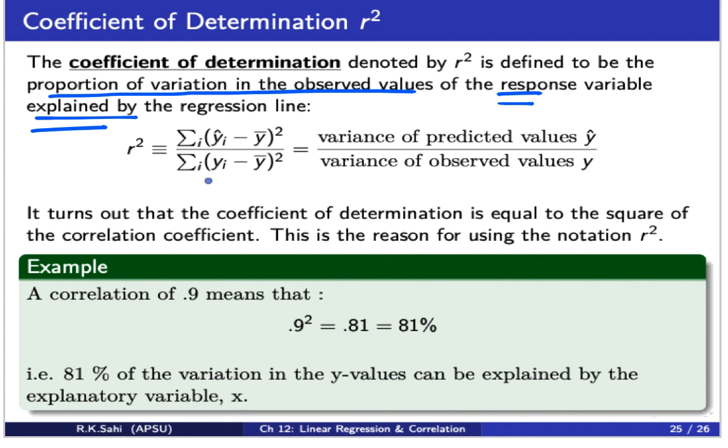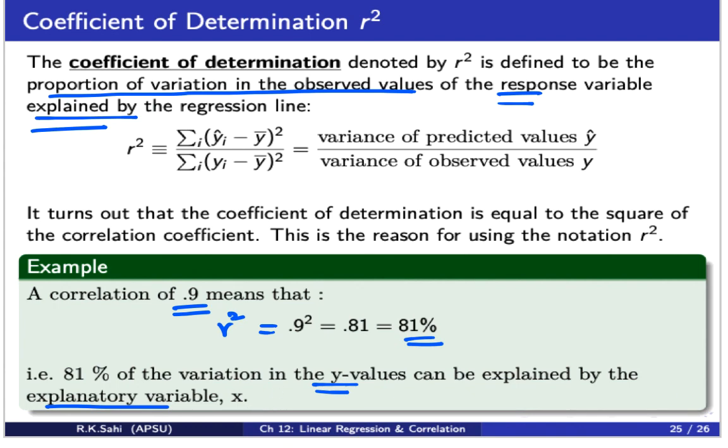We are going to use our calculators. Remember, we saw just a few minutes ago that we had that R squared on that screen. The main question is, how do we interpret it? So if I have a correlation of 0.9, that means the coefficient of determination, R squared, is 0.9 squared, which simply means that 81% of the variation in the Y values can be explained by this explanatory variable. That's what it simply means.